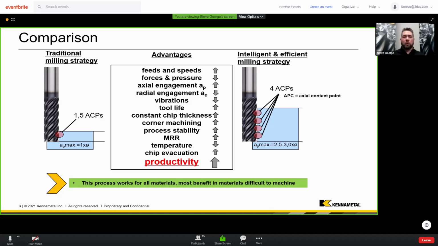So let me give you a little bit of an example. If I were machining, let's say, a cube, and in that cube there's a pocket, right? I want to do the outside of the cube, I want to do the pocket.